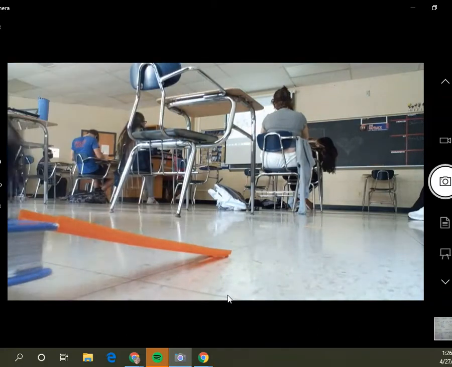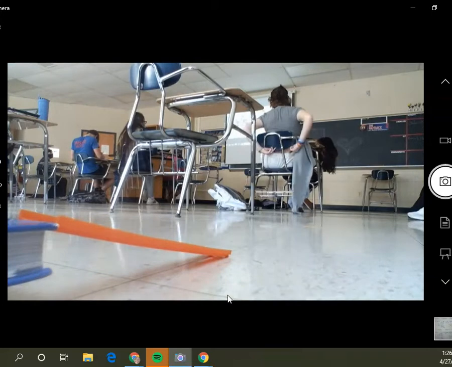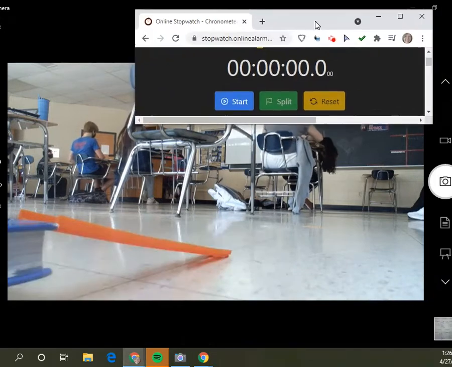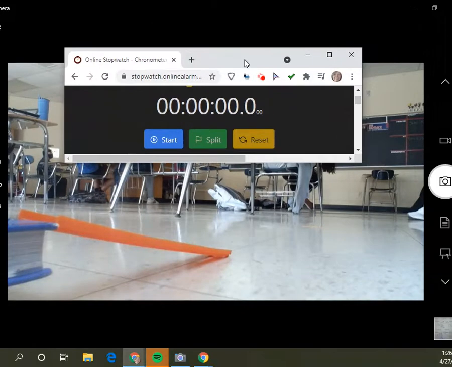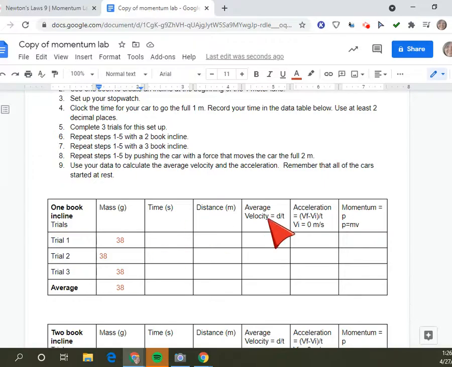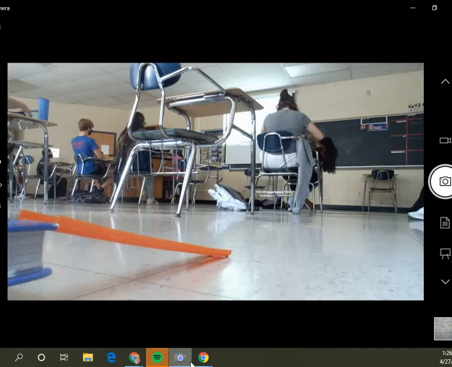We are going to use our stopwatch that we have here in order to calculate that. We'll move it up so that we can see. Right there looks good. Let's look at our data table and make sure we have what we're looking for: time, distance, and then we'll calculate these things. So we'll go ahead and get started with that.